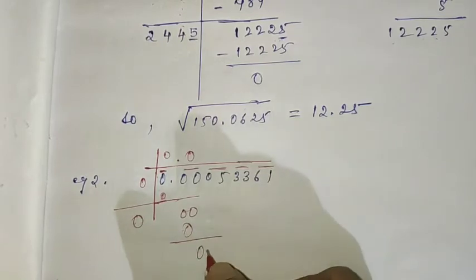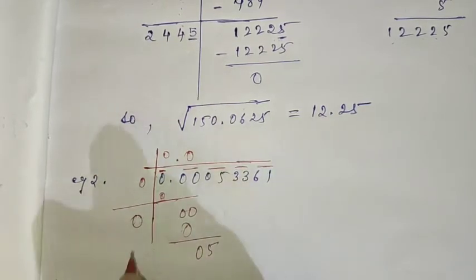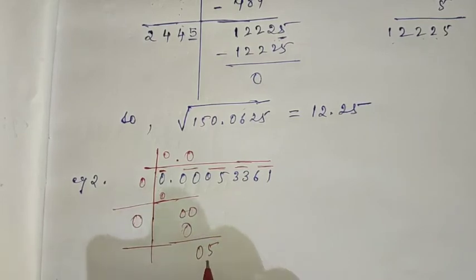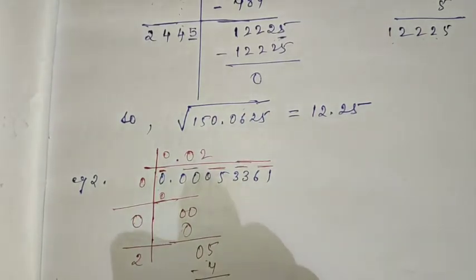Now the next pair will be 0, 5. Double of this 0 will give you 0. Now there is a 5 over here, so I have to select a number whose square is less than 5. 1 square is 1, 2 square is 4, 3 square is 9. So I have to use 2, 2 twos are 4, and remainder 1.